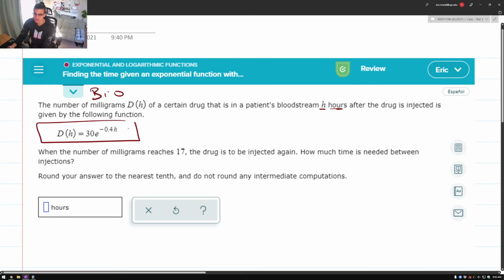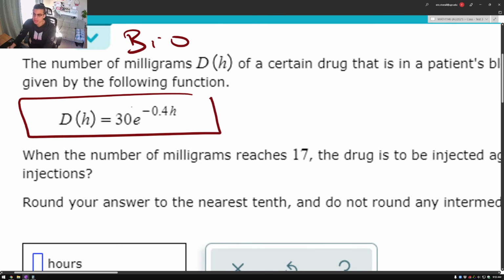So you can see that this is a function of the law of uninhibited growth, where the value of K is negative 0.4. This means that this is a decay problem.